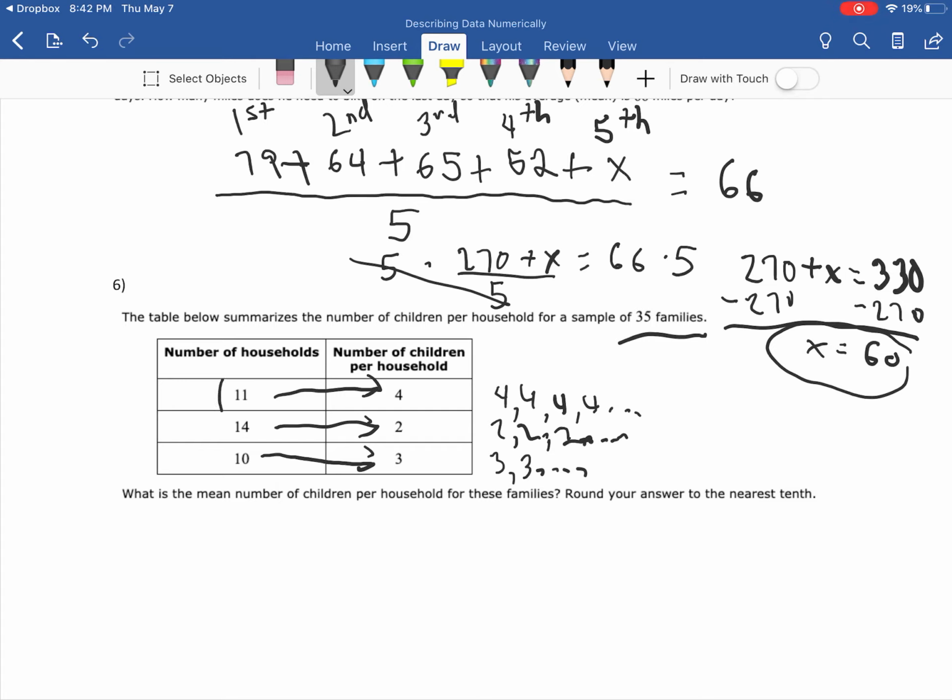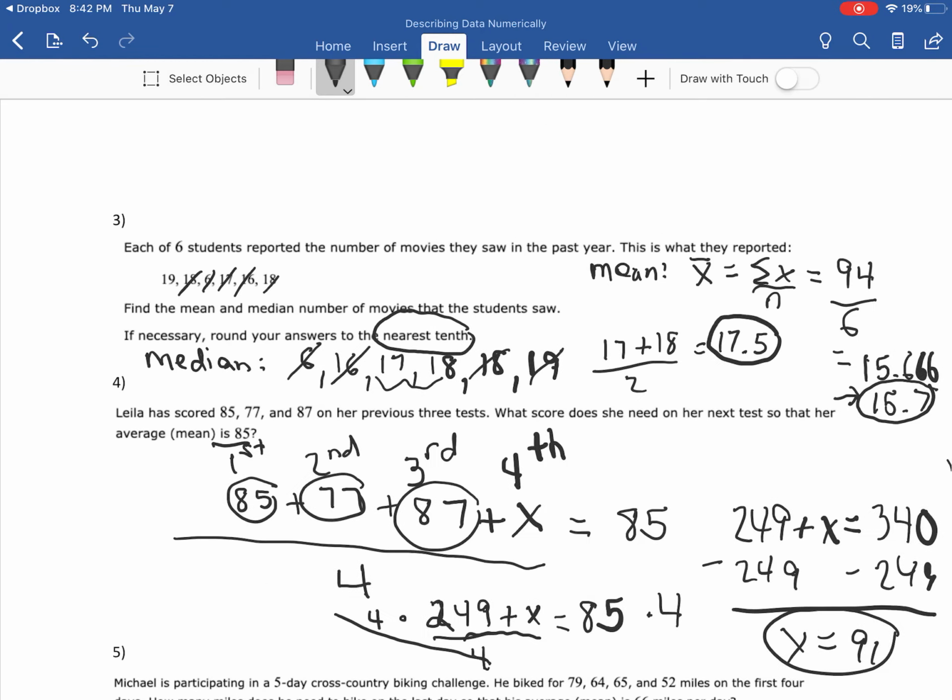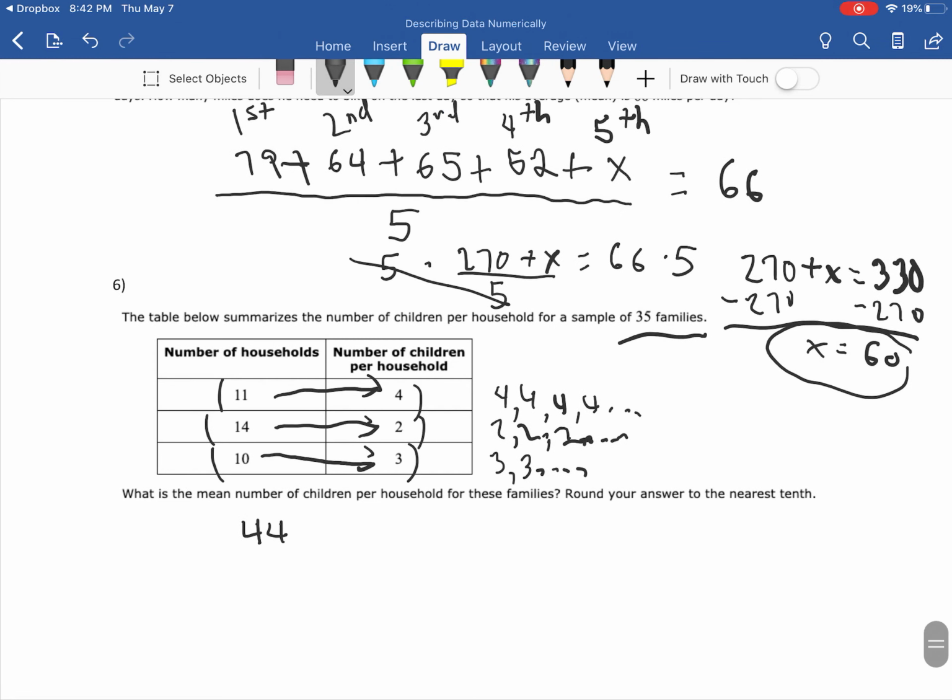Instead of writing these out, we can just multiply the number of children times the number of households. All right? So we have 11 households that have 4 children. So 11 times 4, 44. We have 14 households that have 2 children. So that makes a total of 14 times 2, 28 children. 10 households that have 3 children. 10 times 3, 30 children. Okay.